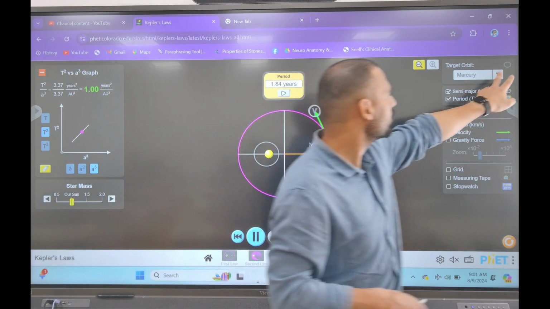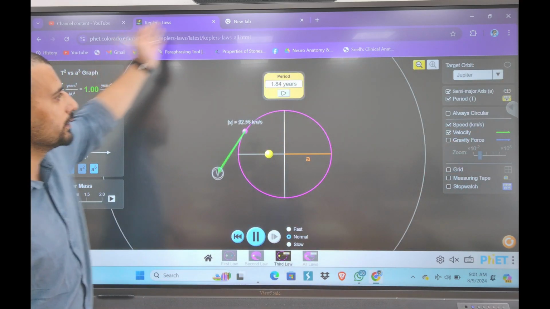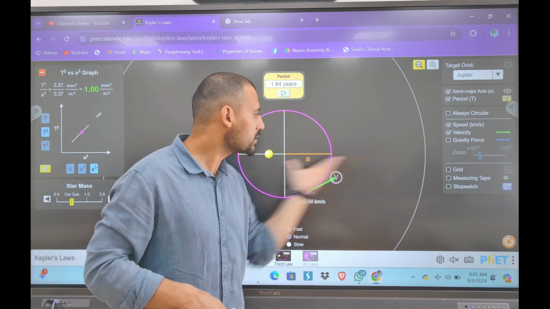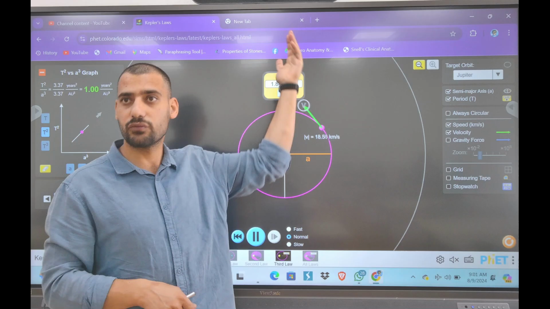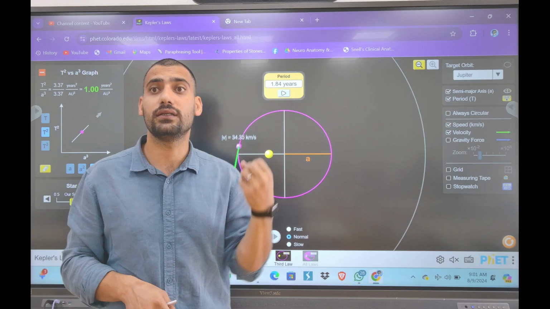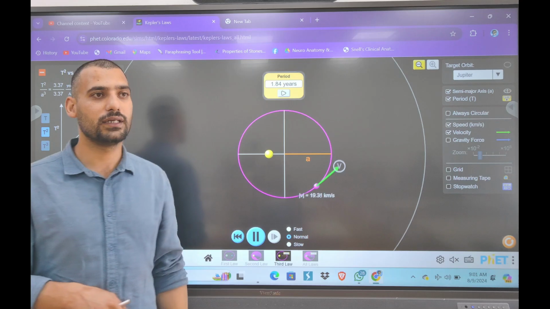When I talk about, for example, Jupiter, Jupiter has more average distance from the Sun. When the distance is more, the time period will be more, and I told you for Pluto it is 248 years. For Mercury, which is very close, it is just 88 days.